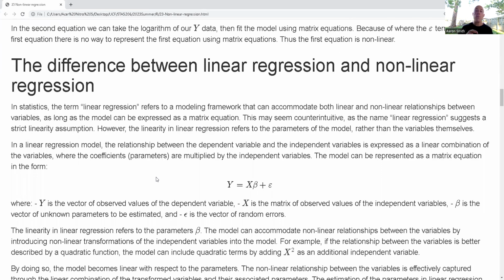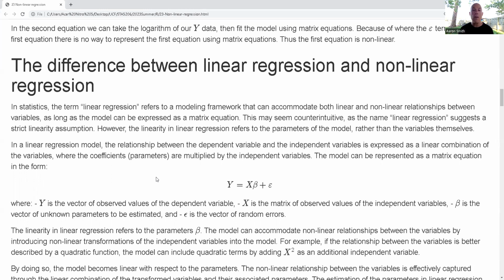All right, so now the difference between linear regression and nonlinear regression. In statistics, the term linear regression refers to a model, a framework, that can accommodate both linear and nonlinear relationships between variables, as long as the model can be expressed using matrix equations. This may seem counterintuitive, as the name linear regression suggests a college algebra linear aspect.